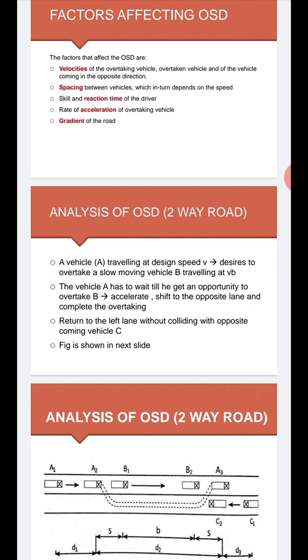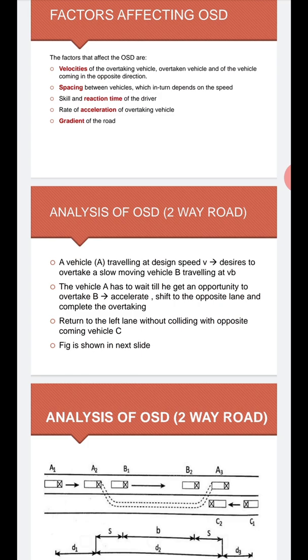When the rate of acceleration of the vehicle is less, we look for much safer opportunities rather than immediate action. Next is gradient. On an up gradient it is difficult to overtake, on a down gradient the vehicle will be moving at a higher speed, and it is much safer on level ground.